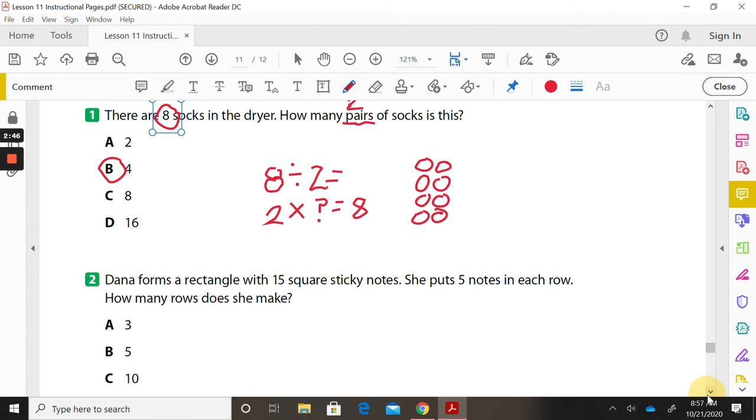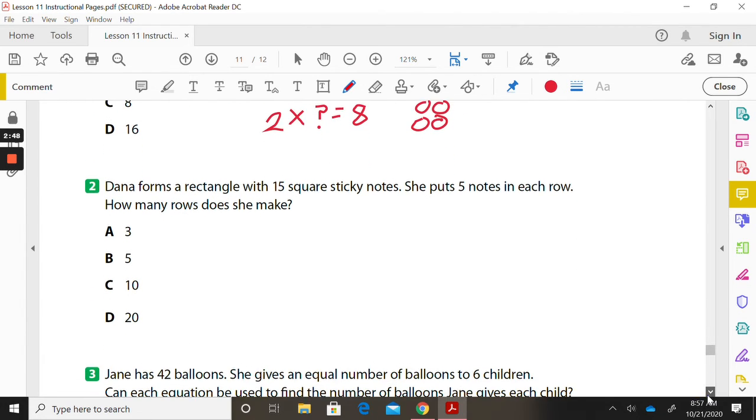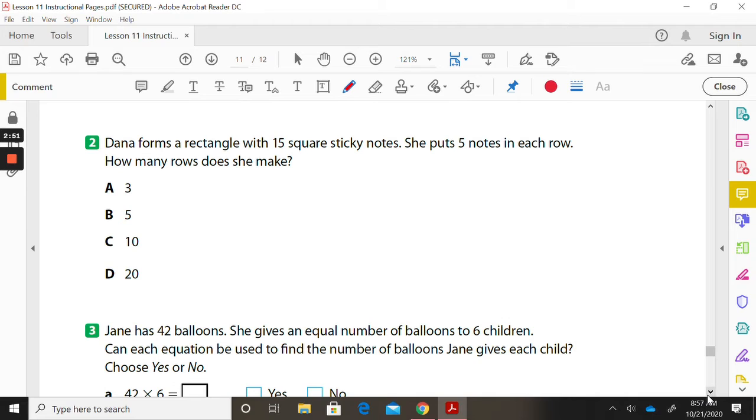Number 2, Dana forms a rectangle with 15 square sticky notes. She puts 5 notes in each row. How many rows does she make? Once again, we have a total, 15. We can see that there are 5 notes per row. This is just like the problem we previously completed. We have our total. We can divide 15 divided by 5 to get the unknown.